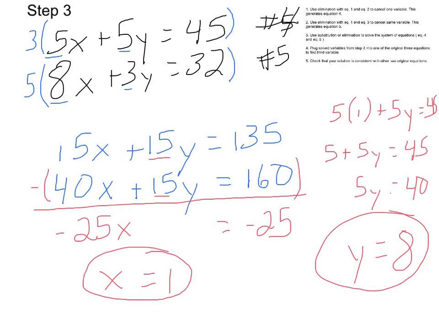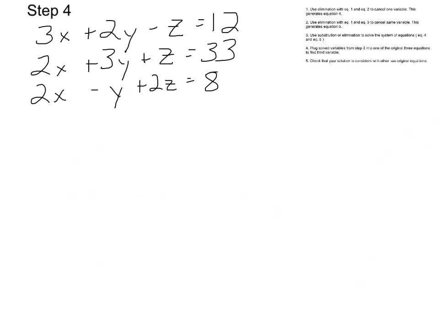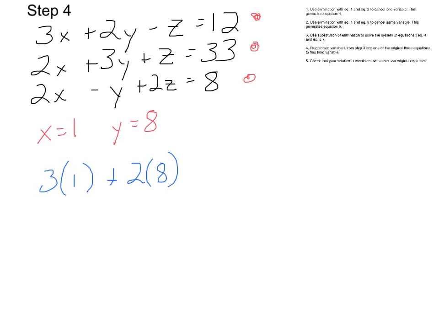We are almost there. Step 4 asks us to plug these solved variables, and we found that x was 1 and y was 8, into one of the original three equations. I'm going to plug them into the first equation. So we get 3 times 1 plus 2 times 8 minus z equals 12. 3 plus 16 minus z equals 12.